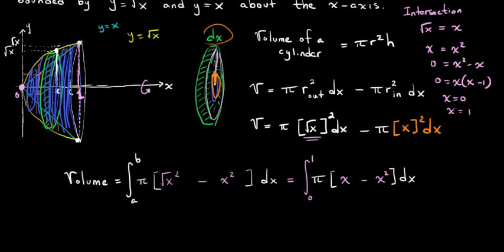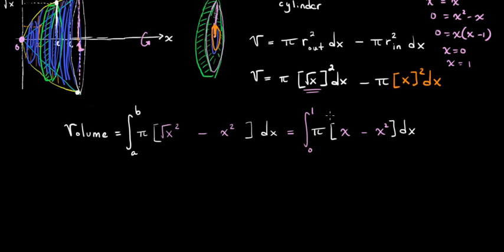Now, by now, hopefully you know how to evaluate this integral. We'll do this really quick. The antiderivative of x is simply x squared over 2. The antiderivative of x squared is x cubed over 3. And again, we are going from 0 to 1.